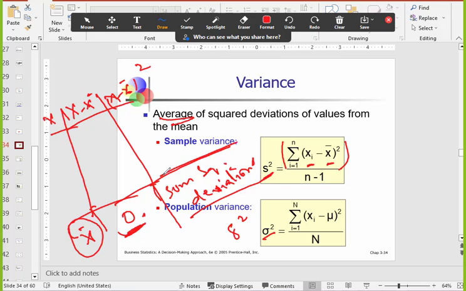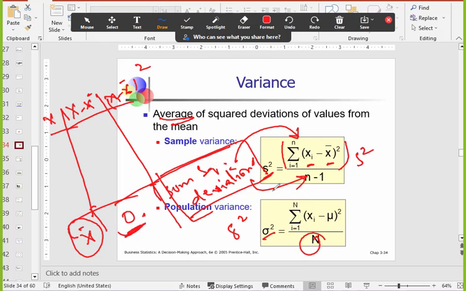So it will have some number and it has a name: sum of squared deviations. The formula is this: the numerator, summation of x minus x bar whole square. And if you divide this answer by n minus 1, it will become s square. So this is the formula for variance in the sample. In the population, we divide it by n.